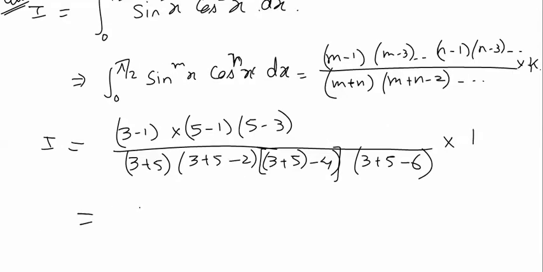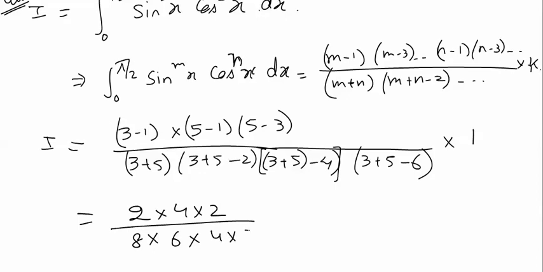So it is nothing but 2 into 4 into 2 upon 8 into 6 into 4 into 2. This gets cancelled out. This again gets cancelled out with 3. So it is 1 upon 24. That's your answer. Clear? So these are certain questions which can be easily solved in your paper sometimes.